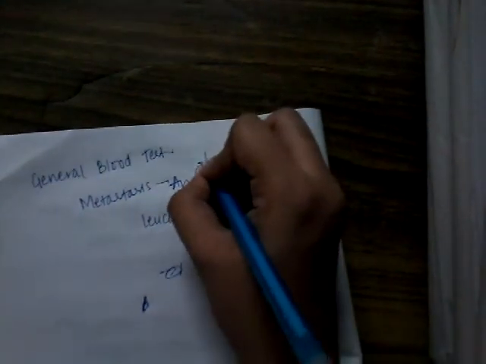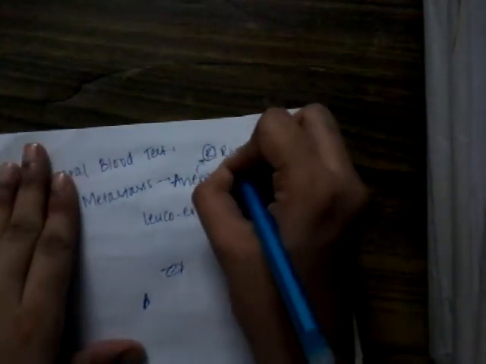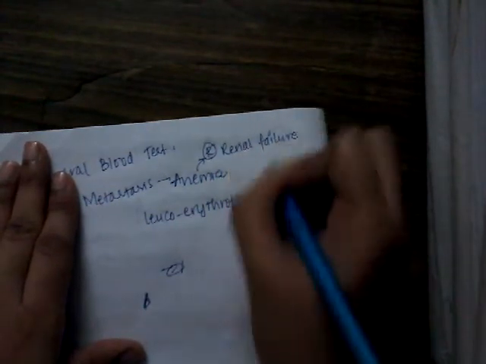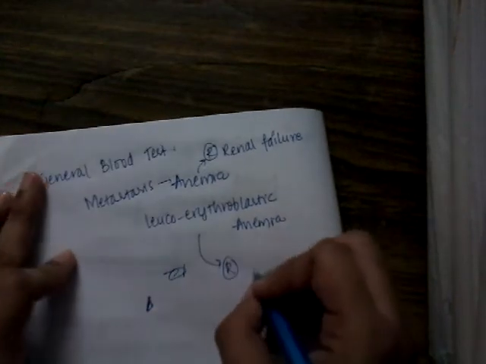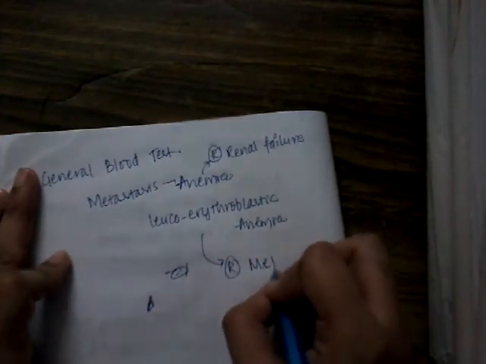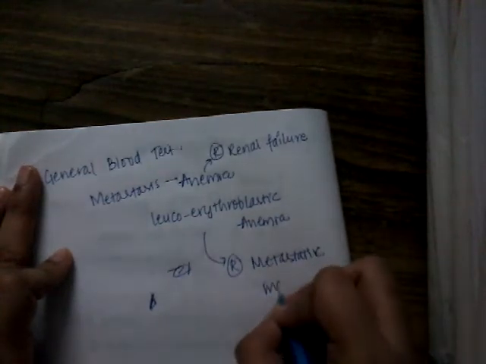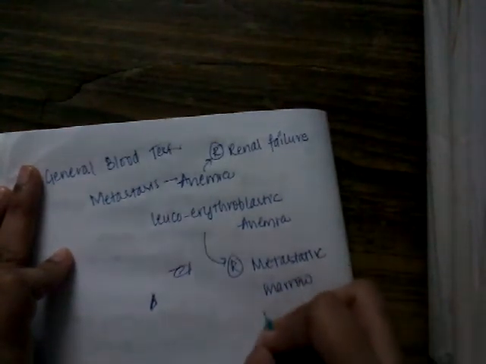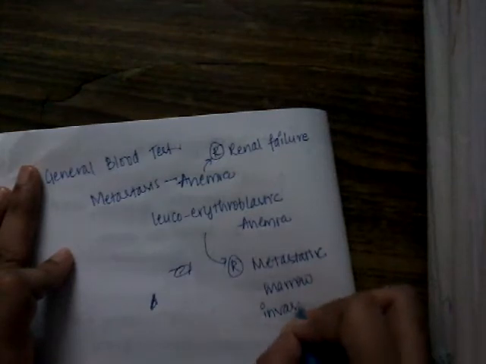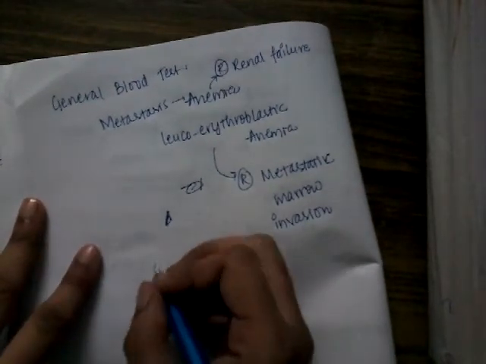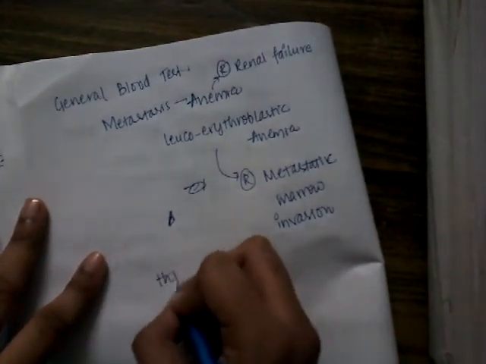One, general anemia, which is due to renal failure. Whenever there is renal failure, there is decreased erythropoietin, resulting in anemia. And the other, leukoerythroblastic anemia, is due to metastatic marrow invasion. Because bone is the first site for metastasis, marrow invasion may lead to leukoerythroblastic anemia. And then there may be thrombocytopenia.